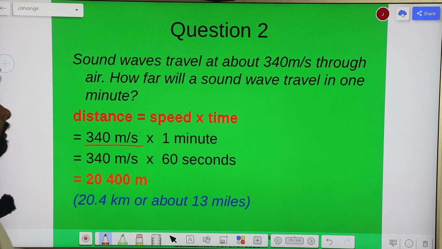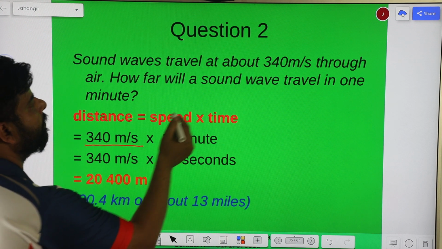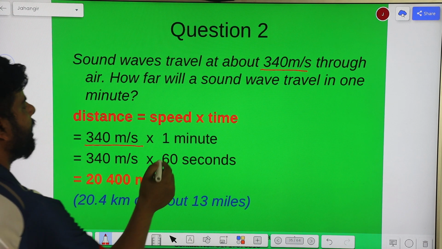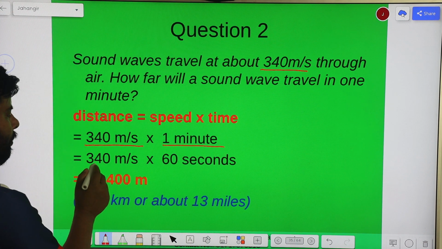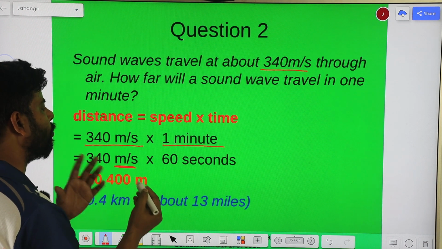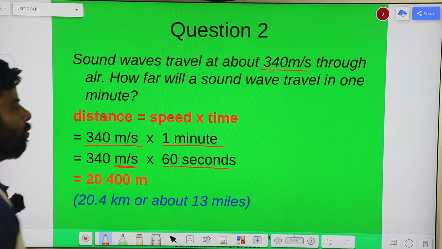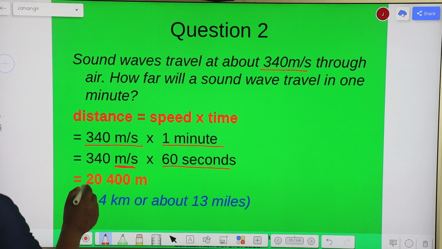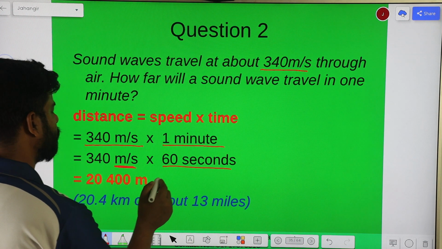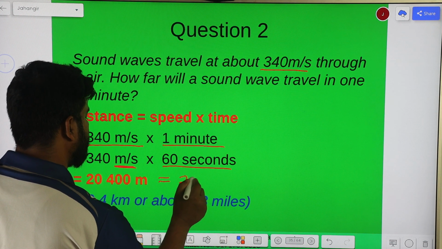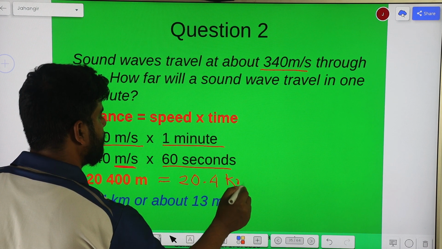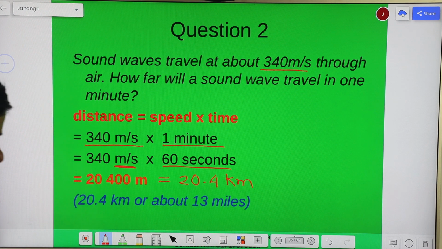The speed is 340 meter per second and the time is 1 minute, but since the unit of speed is meter per second, we have to convert 1 minute into seconds. We know 1 minute equals 60 seconds, so the distance is 20,400 meter, about 20.4 kilometer.